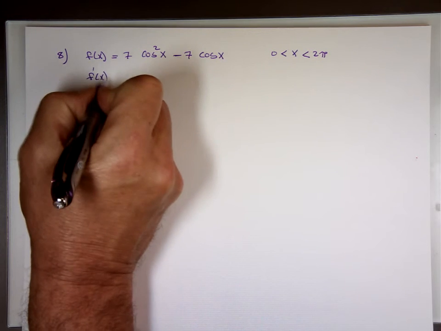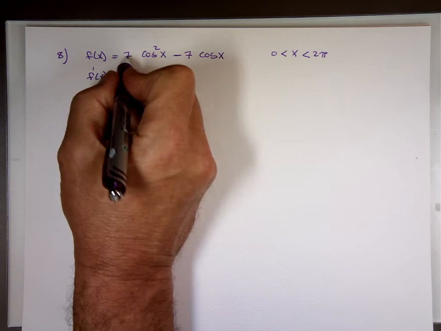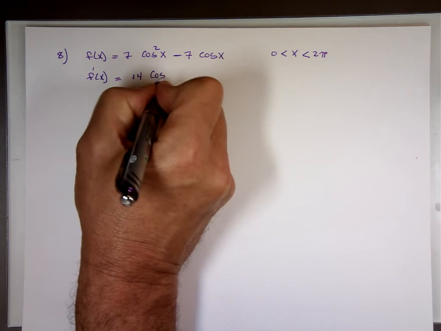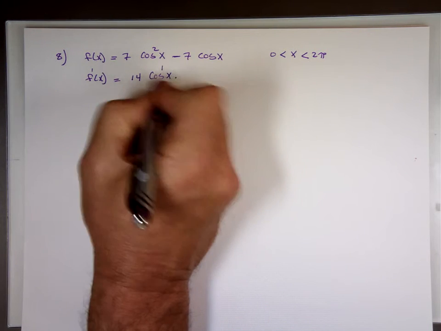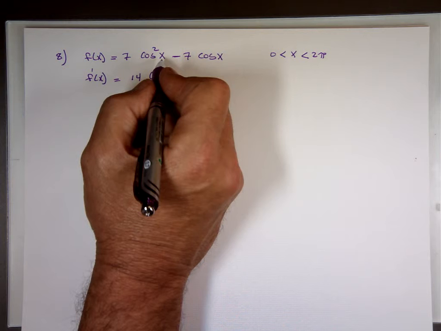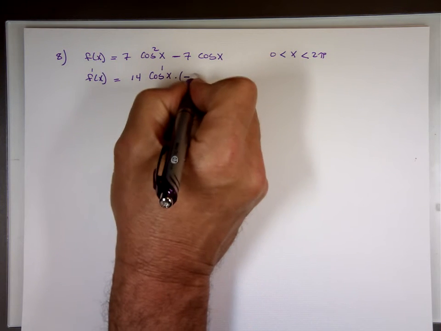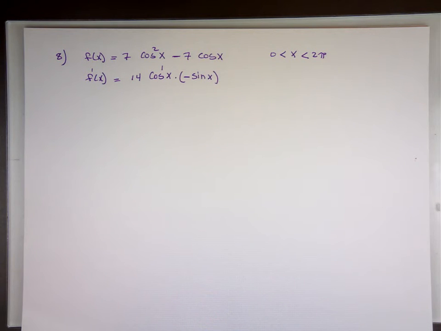Remember, this is really 7 cosine of x squared. So it's going to be 7 times 2, which is 14 cosine of x, 2 minus 1, which is 1, times the derivative of the inside, which is what's the derivative of cosine x? Negative sine of x. That's the extended power rule you have to use.